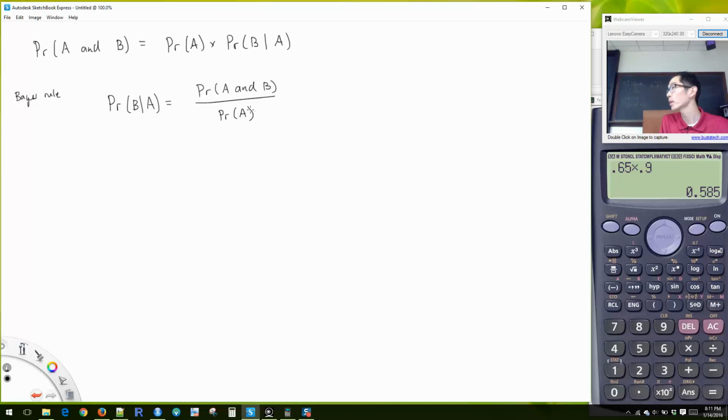The labels of A and B are completely arbitrary. Before, we might have said A was storm and B is delay, but we could flip these around and say B is the storm and A is the delay. Is that all right? So just rearranging a few terms, we can use this to go back and answer a question.